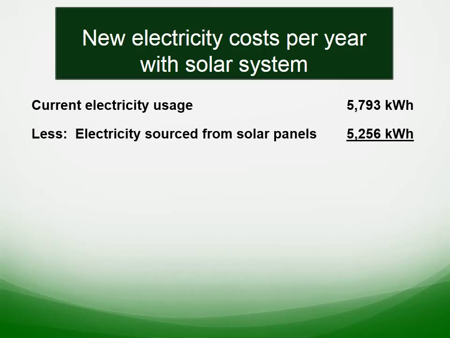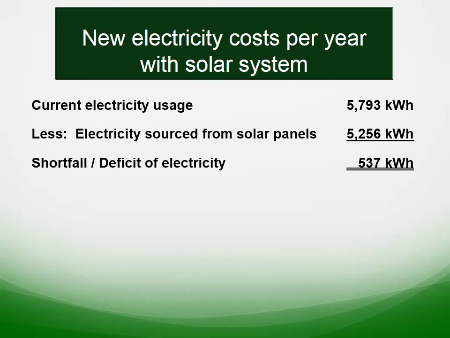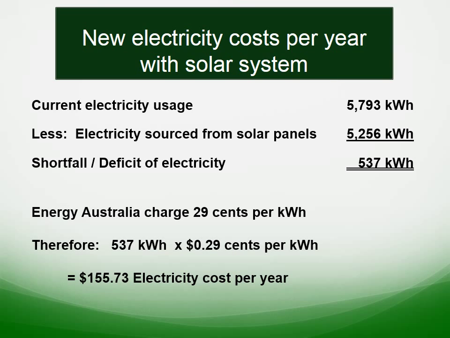We need to take away the electricity source from her solar panels, 5,256 kilowatt hours, to work out the amount that she still needs to get from the electricity grid, which is her shortfall or deficit of electricity, and that calculates to be 537 kilowatt hours. Her supplier, Energy Australia, charges 29 cents per kilowatt hour, so we need to multiply the 537 kilowatt hours shortfall by 29 cents, and that will give us her annual electricity cost of $155.73.